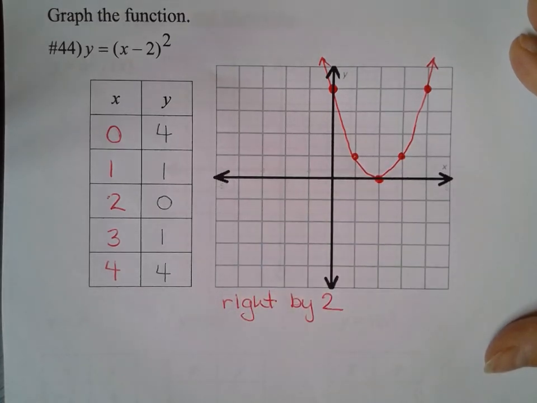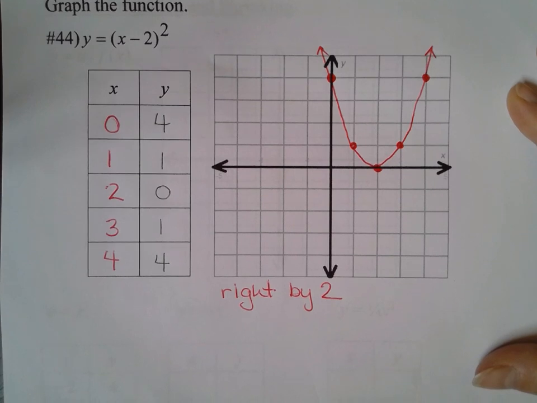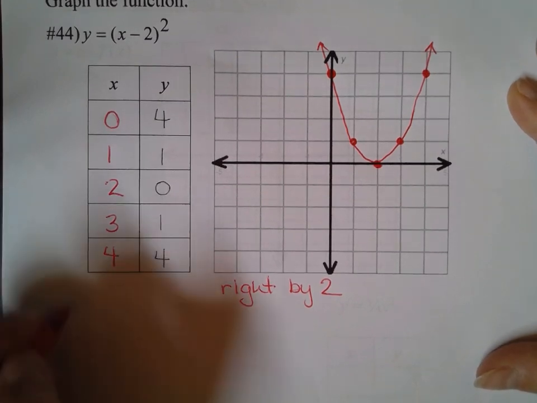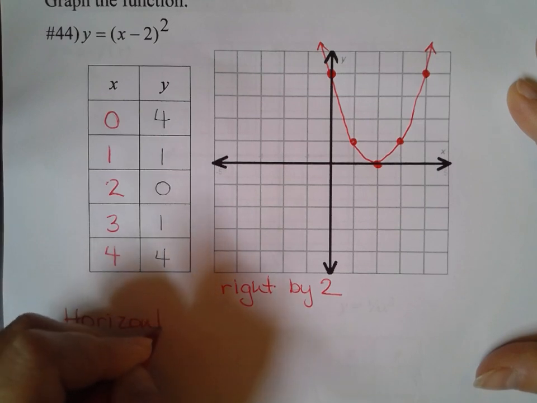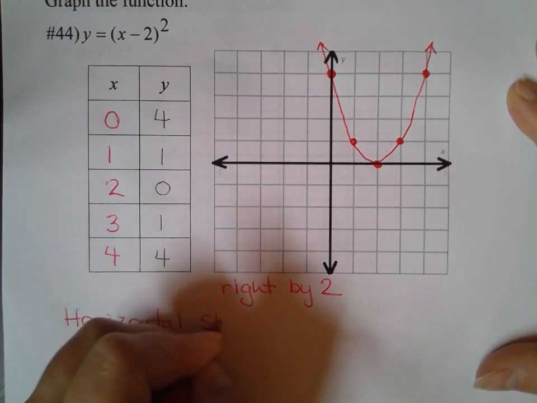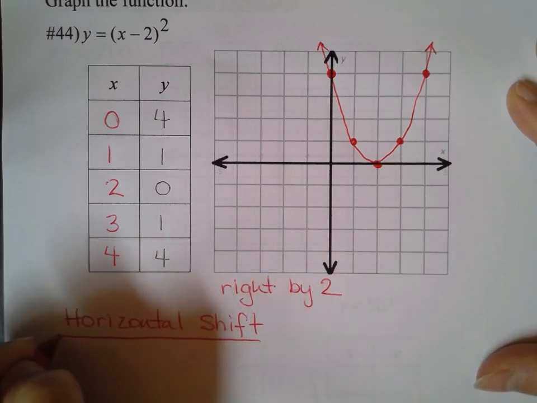And the same thing's true here. We're listing the direction and the number of units that it's been shifted. Okay, so in general, this would be a horizontal shift. Horizontal would be a shift left or right.